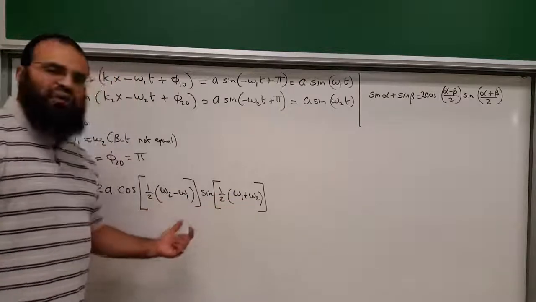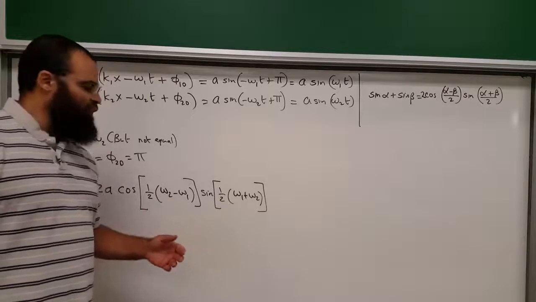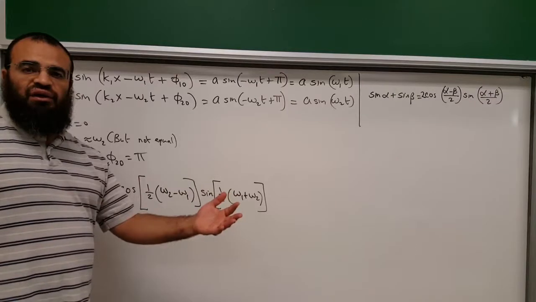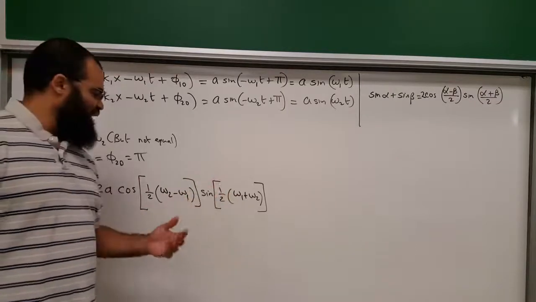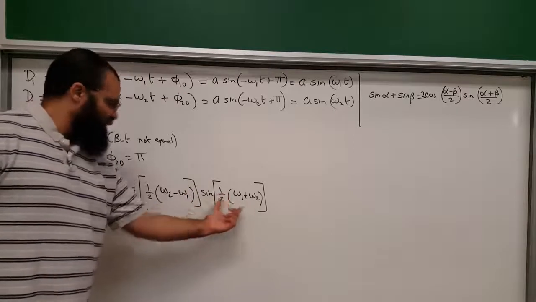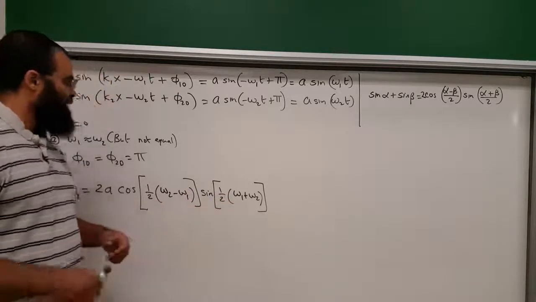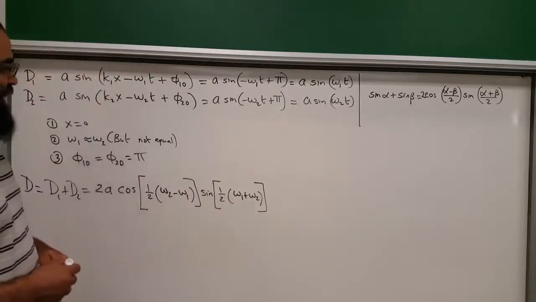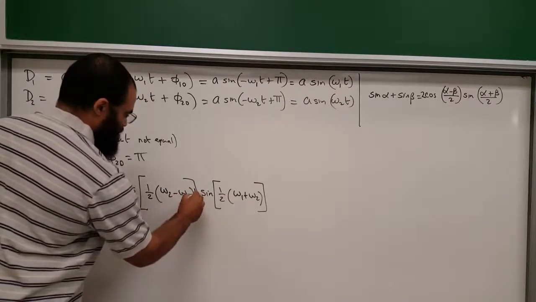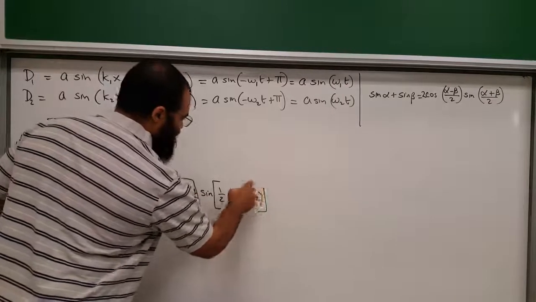But omega 2 minus omega 1, when you subtract them, you get 2 hertz, and you divide it by 2, you just get a 1. So this one is a quickly varying function, and this one is a slowly varying function. And I forgot one thing, the time. There should be a t here, and there should be a t here.